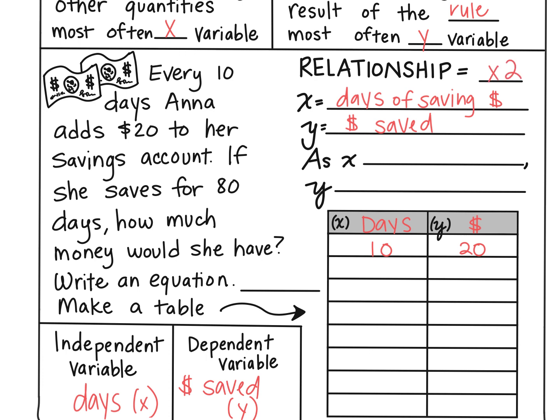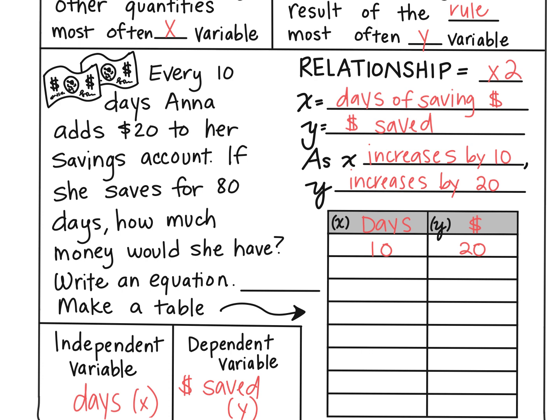That's the relationship. So what that means is as X increases by 10, Y increases by how much? By 20. As X increases by 10, Y increases by 20.